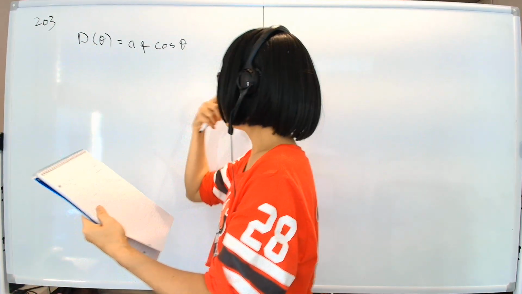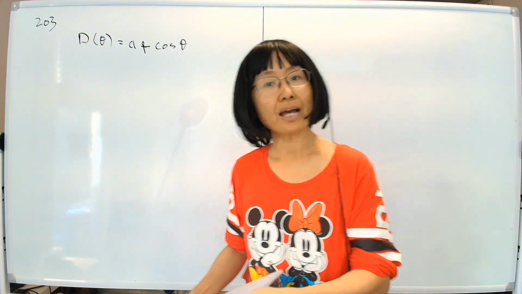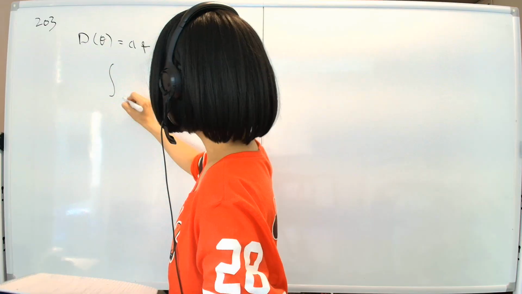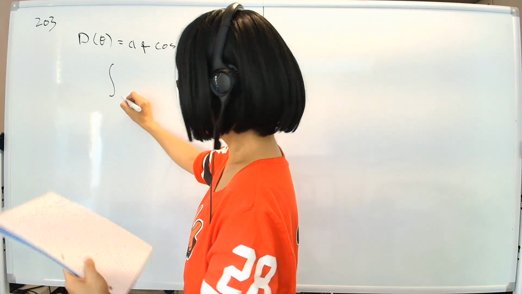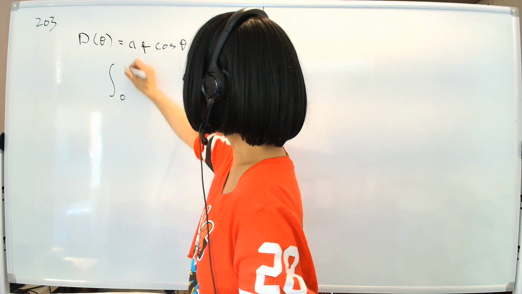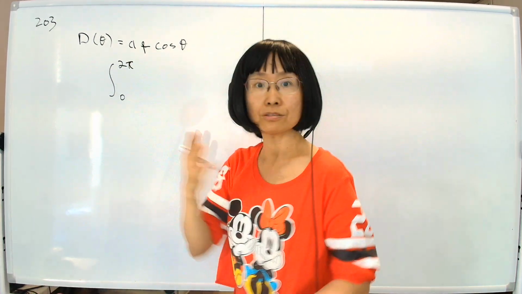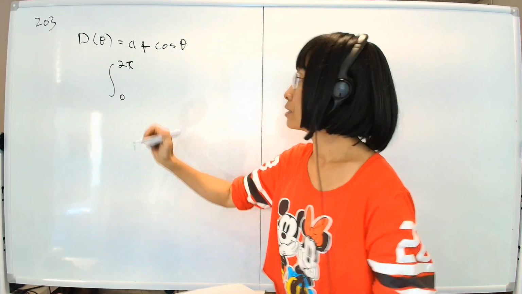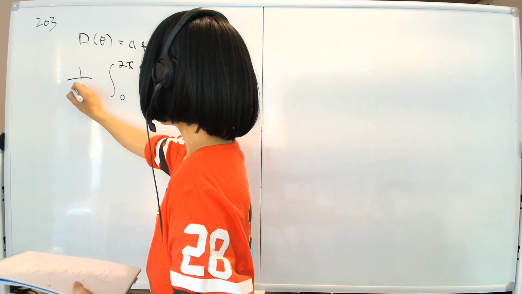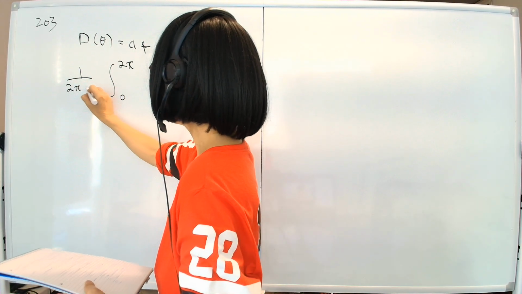Now, in that case the book asks you for the average distance. The average value is defined as this, from a to b. In this case, theta goes from 0 to 2 pi. That goes through the entire ellipse. So theta is 0 to 2 pi, and b minus a is 2 pi minus 0.